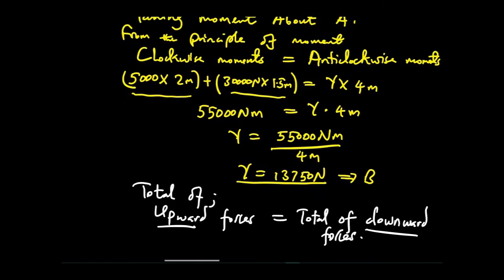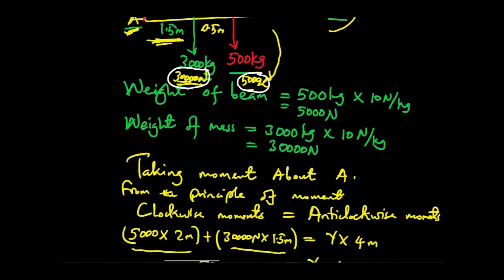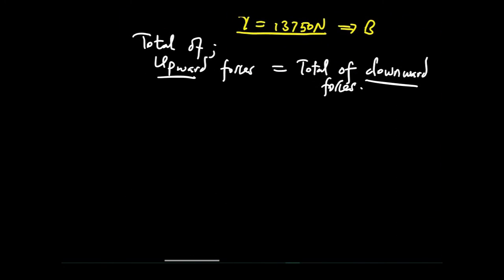It means when you add x and y, the summation should be equal to the summation of 30,000 plus 5,000. So x plus y should be equal to 30,000 Newton plus 5,000 Newton.